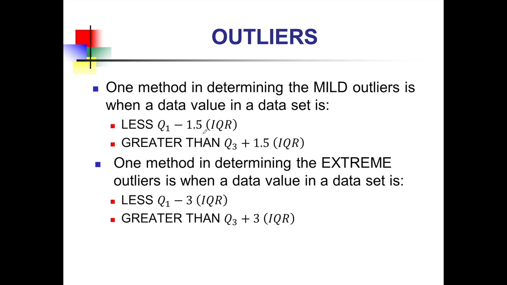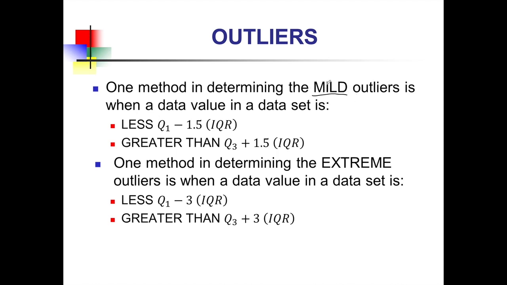If you are still not familiar with quartiles and interquartile range, you can watch again our previous presentation for this topic. If a specific data is less than the value of this formula, whatever number we get from this formula, it is called a mild outlier.